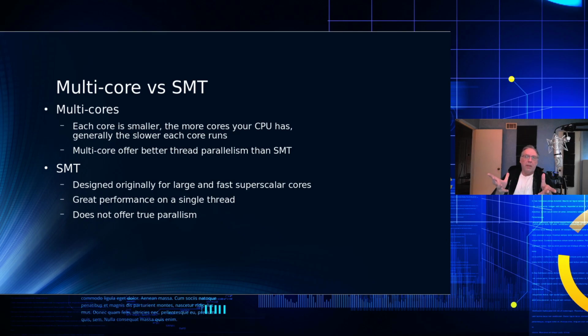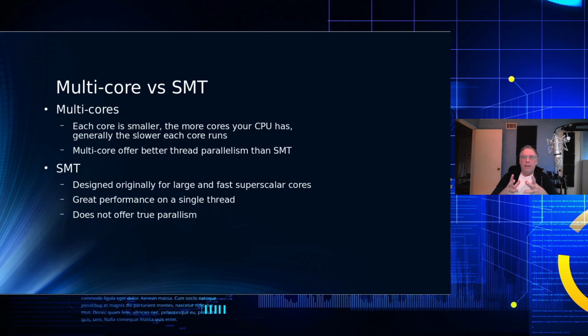Because the more cores you have, the more parallelism you have, and the more things that your CPU die is doing. And so they usually clock down the clock rate in order to control the heat and power requirements. However, multi-core is better at parallelism than SMT is, because it offers true parallelism.